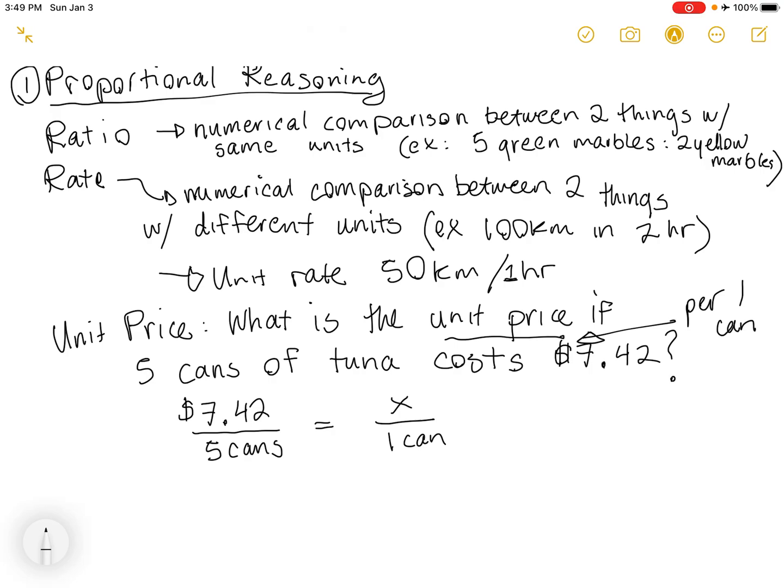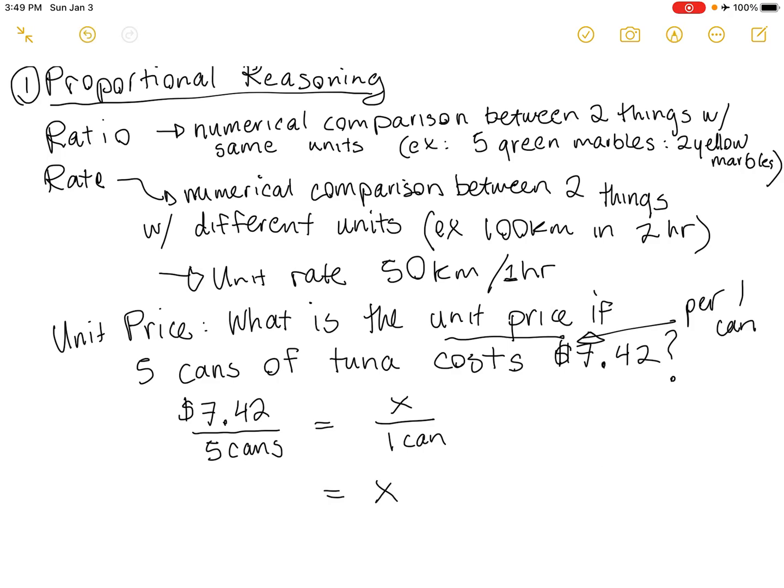Now, basically we just solve this equation. How do we solve for x? Well, we're just dividing x by 1 here. X divided by 1 is just x, because anything divided by 1 is just itself. So we've actually already solved for x, right? So the right side is already x.